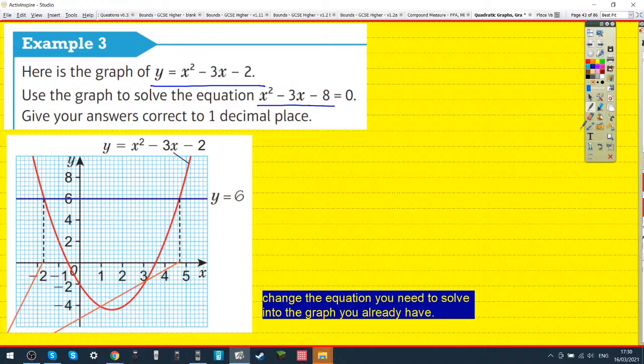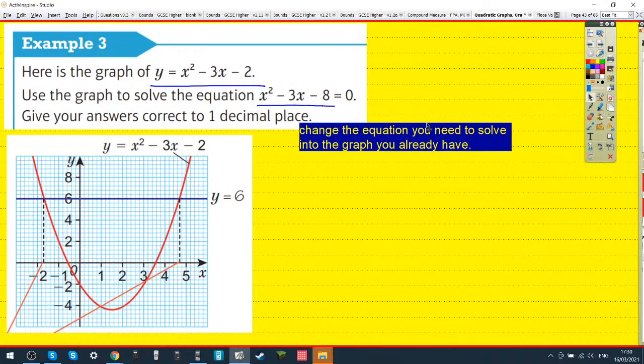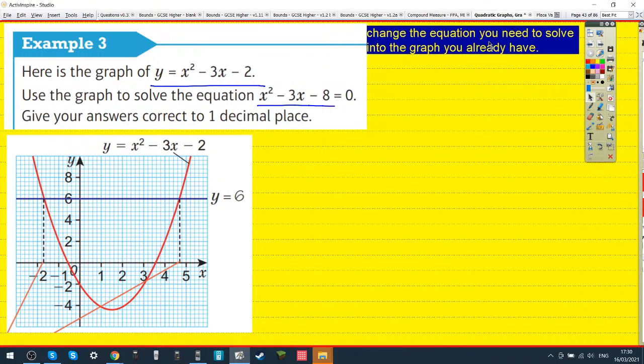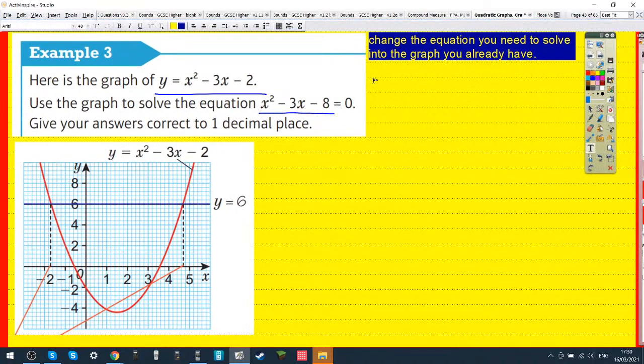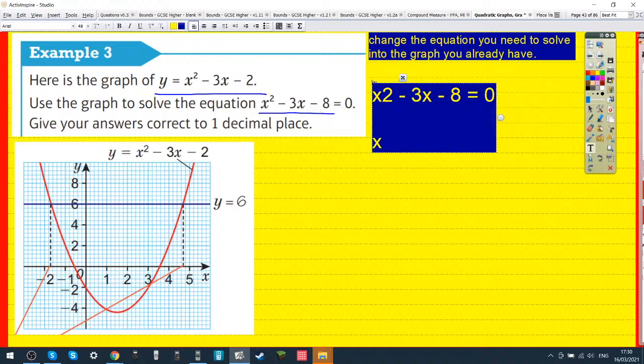So we have to change the equation you need to solve into the graph you already have. So we want to solve x squared minus 3x minus 8 equals 0. We already have x squared minus 3x minus 2. And so what do we have to do to change one into the other?